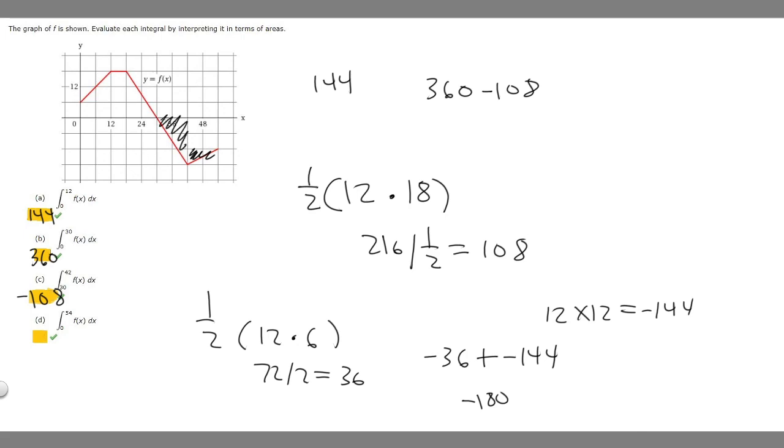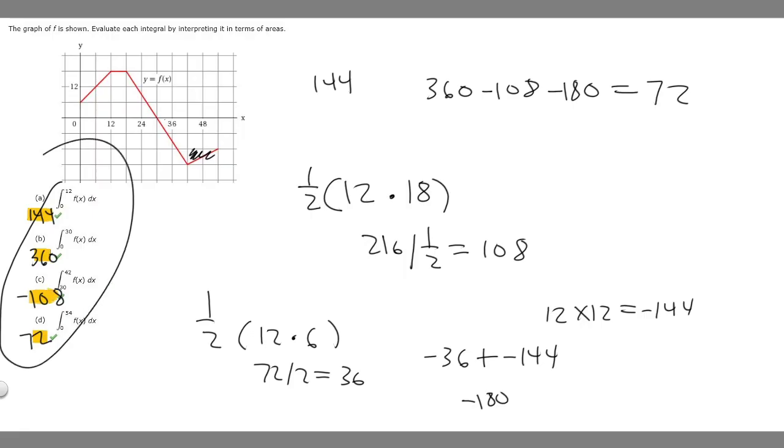We've got this part, which is minus 108. And we're just adding this part, which is minus 180. So 360 minus 108 minus 180, when you do that, you should get 72. So we know that the answer to D is going to be 72. So these are going to be the answers to this problem.